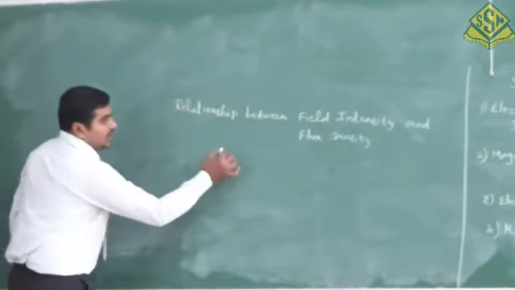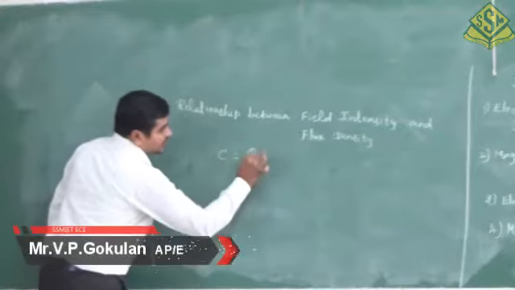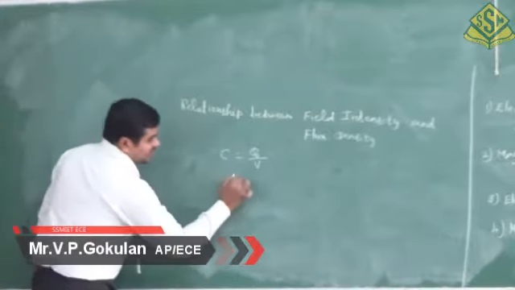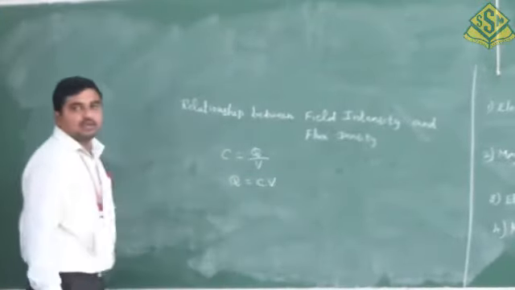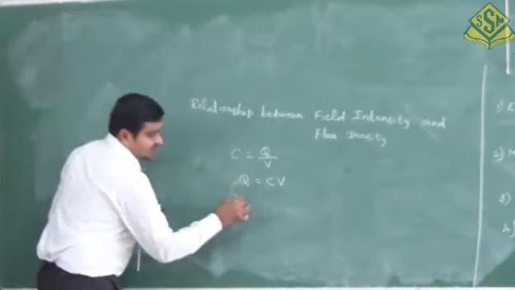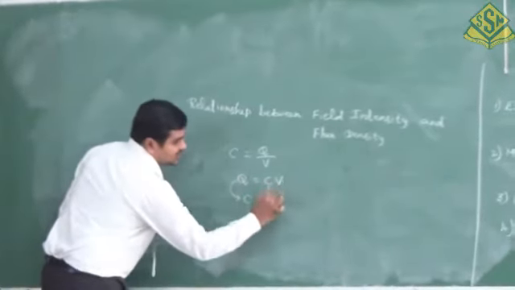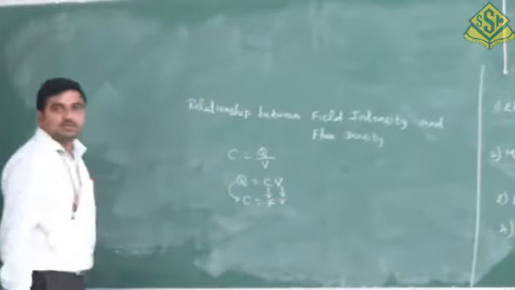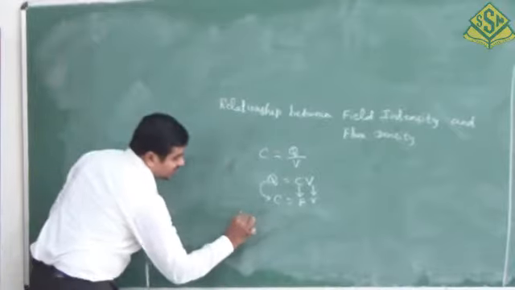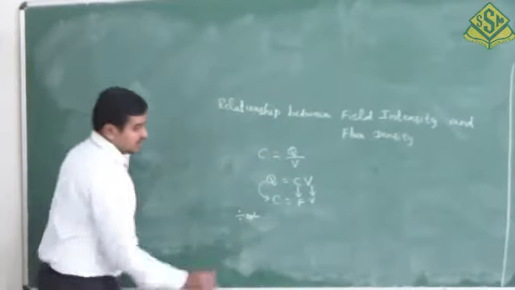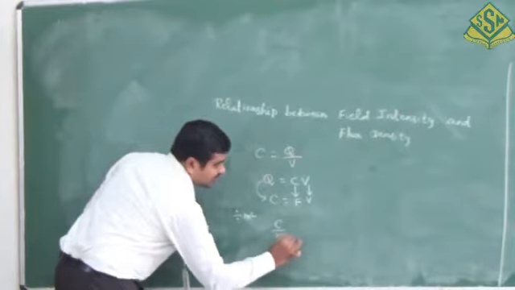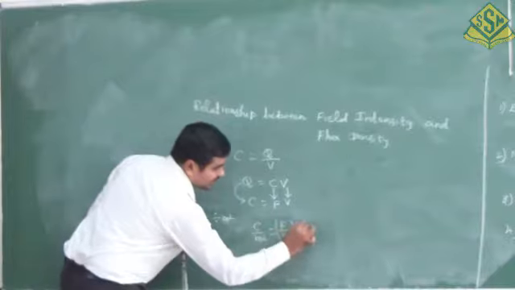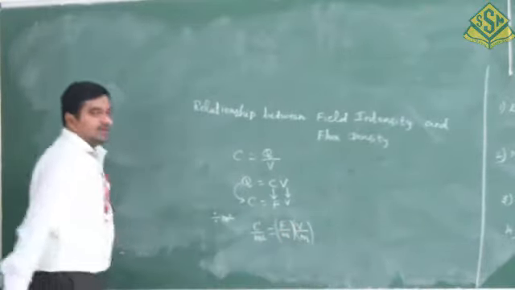For capacitance, we have C equals Q by V, that is charge per voltage. From this we can get Q is equal to CV. Here its unit is coulomb, farad, and voltage unit is volt. Then we are going to divide meter square on both sides.